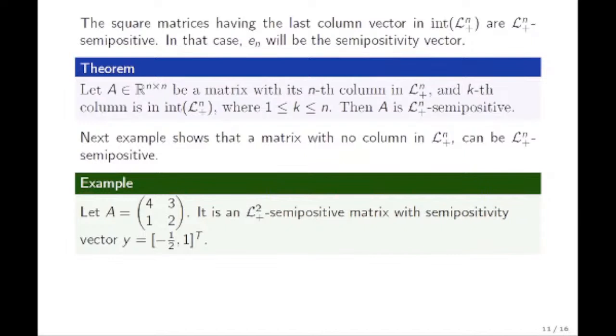The following result states that if the last column is in the boundary, then the matrix is also Ln plus semi-positive if one of the other columns is in the interior of Ln plus. The next example says that an Ln plus semi-positive matrix may have no column in Ln plus.